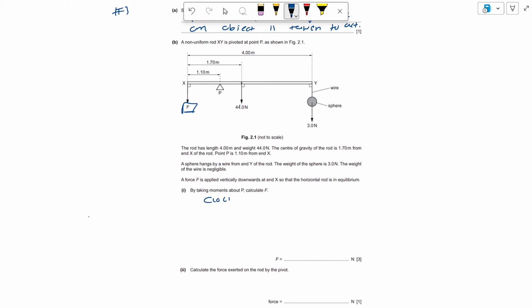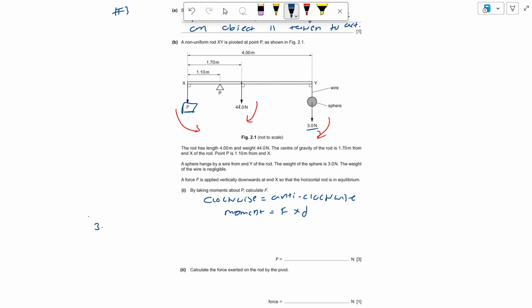So we're just going to write our handy dandy formula. So clockwise is equal to anti-clockwise. Moment is equal to force times distance from the pivot. Now, we need to identify which are the forces that are acting in the clockwise direction and the anti-clockwise direction. So, clockwise, we now are going to be starting with 3 newtons.